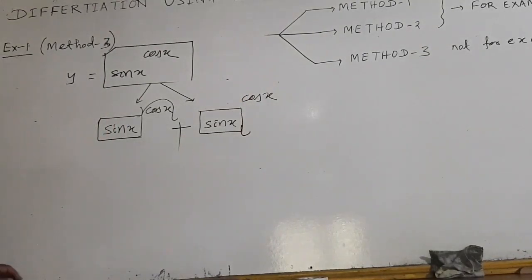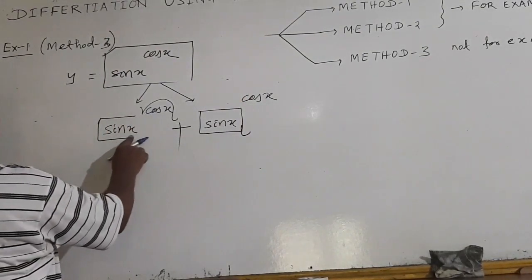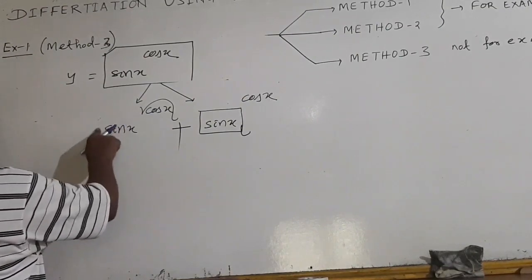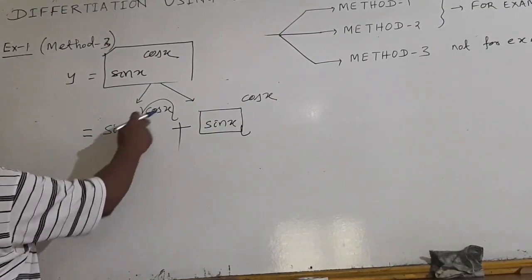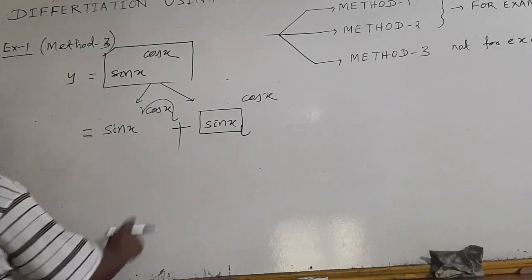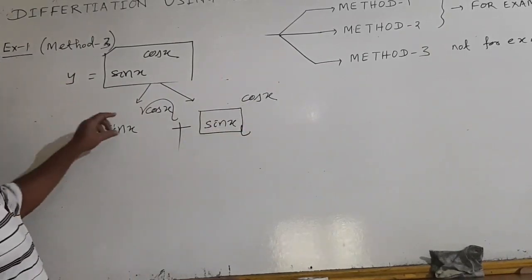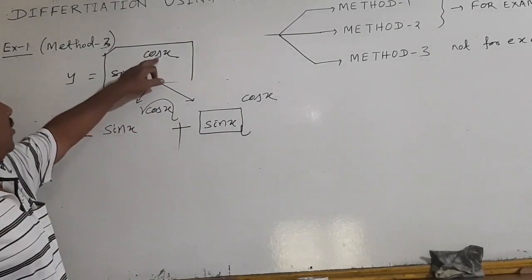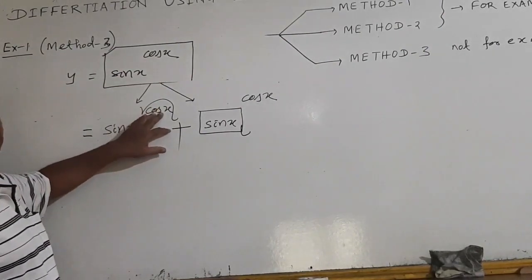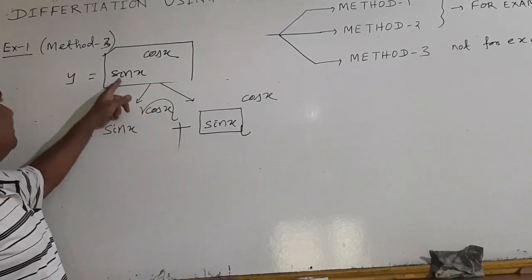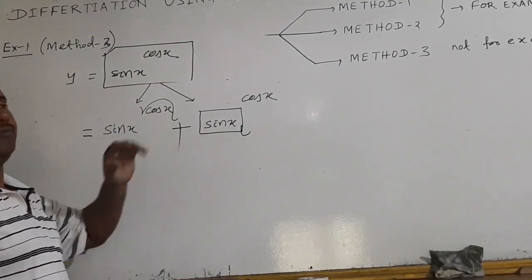So first you think it is sin x to the power n. Next thing, it is a to the power cos x. That means first you have to think the power is constant. Next, base is constant. Now differentiate it.